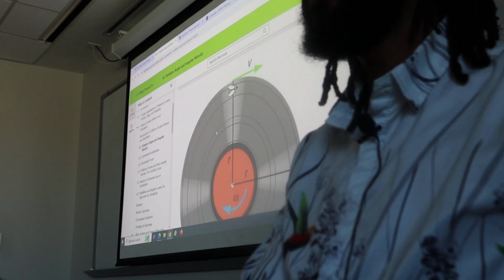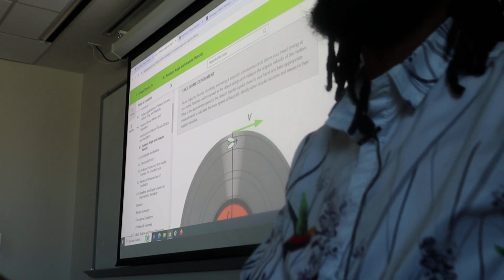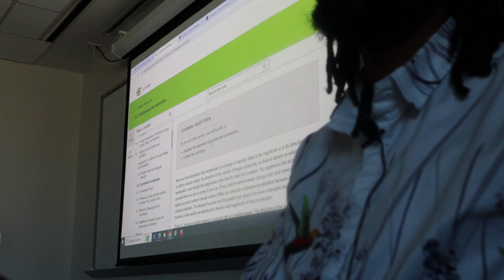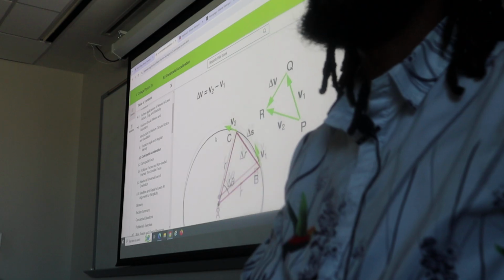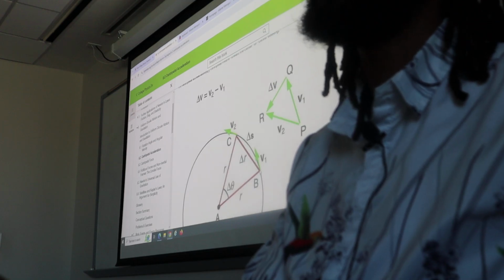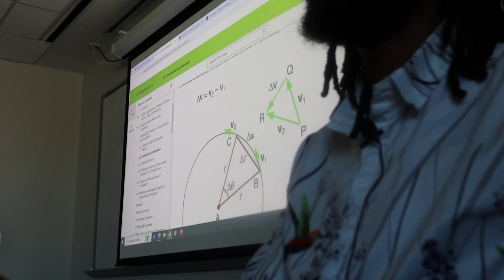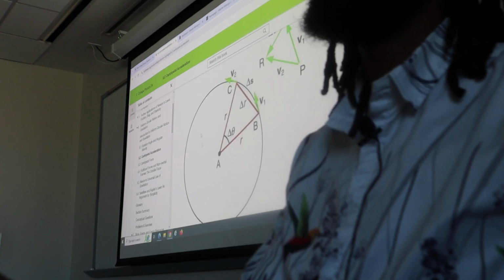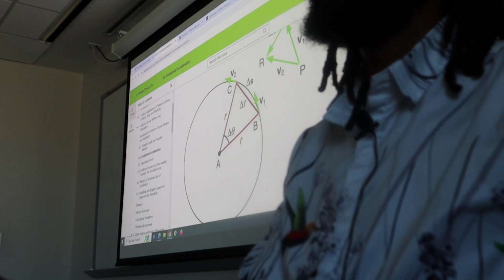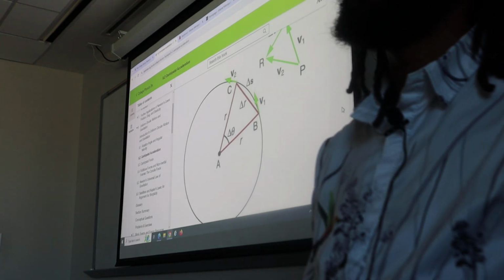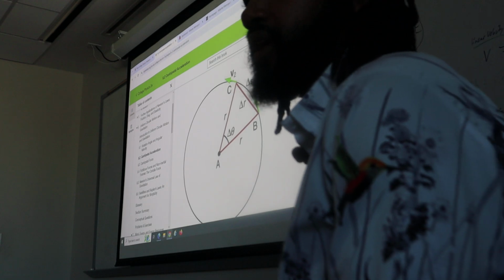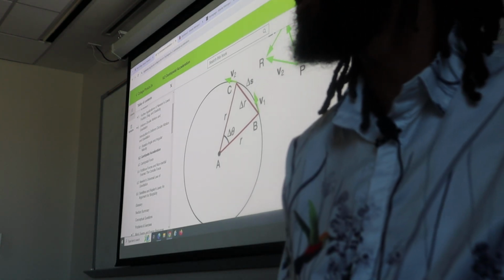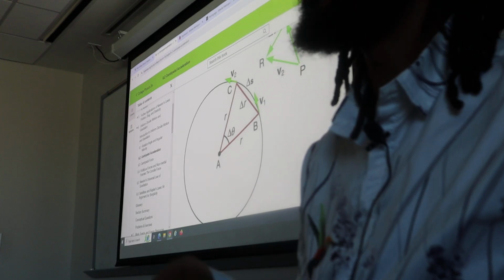I'll go through a little bit more so you can understand why they are telling us these things. You have centripetal acceleration. At each point on the circle, there's a velocity. Say NASA wants to test a motion on the body as if we're going in outer space.